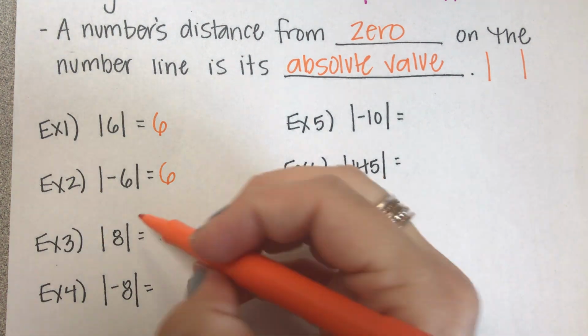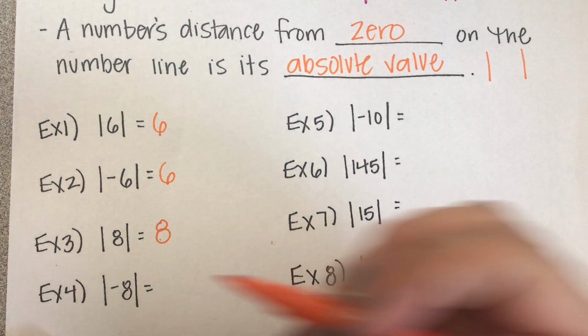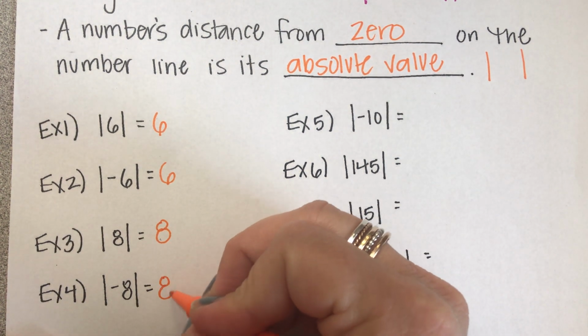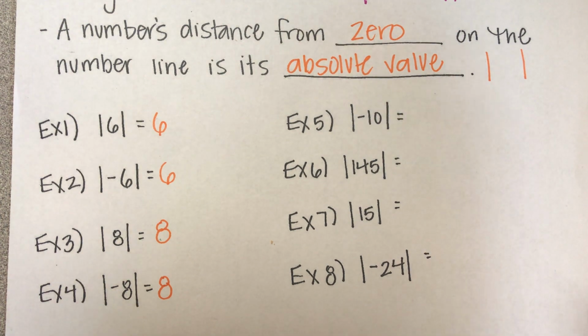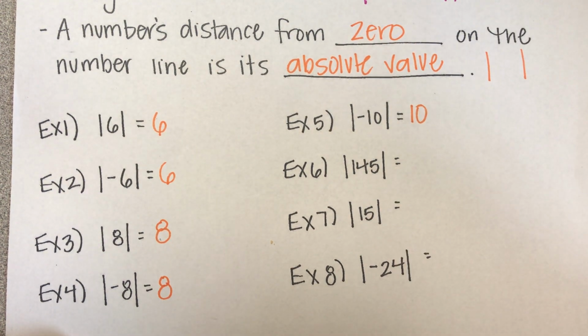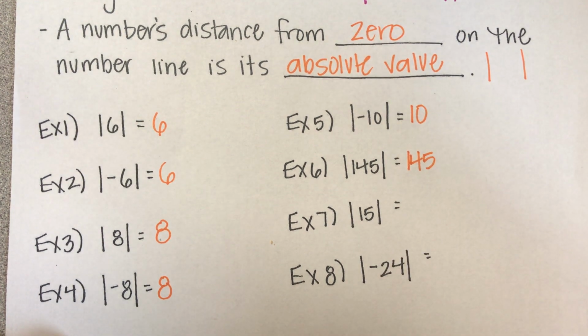Okay, so the absolute value of 8 is 8. What would be the absolute value of negative 8? That is also 8 because it's 8 spaces away from 0 on the number line. So what about negative 10? 10. What about 145? 145. What would be the absolute value of positive 15? 15.